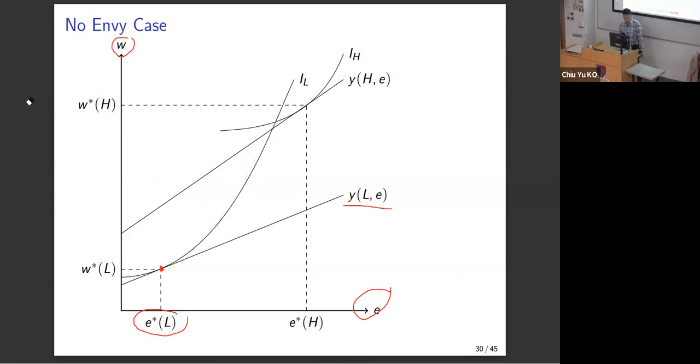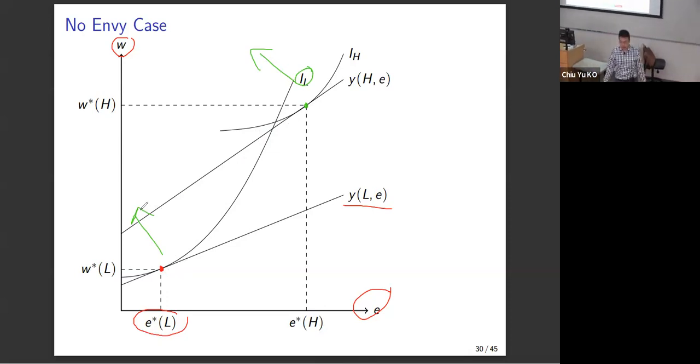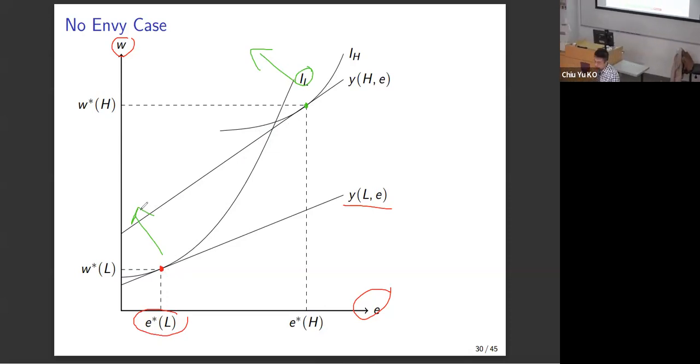Now, why is this called no envy? Look at this case. The low type's indifference curve is better in this direction. That means the red outcome for the low type is better than the green outcome. So in this case, the low type is fine and there's no deviation.